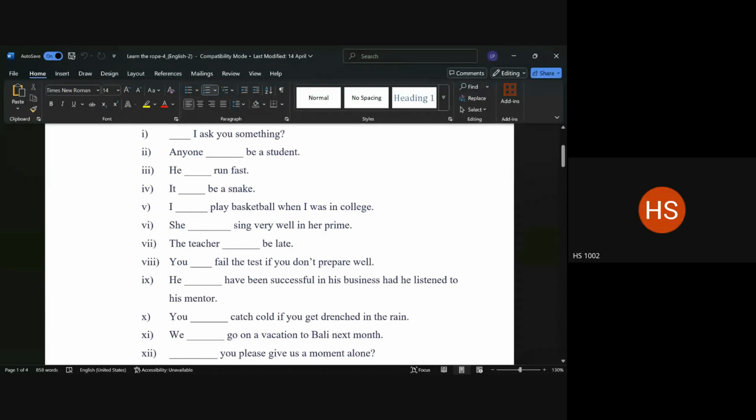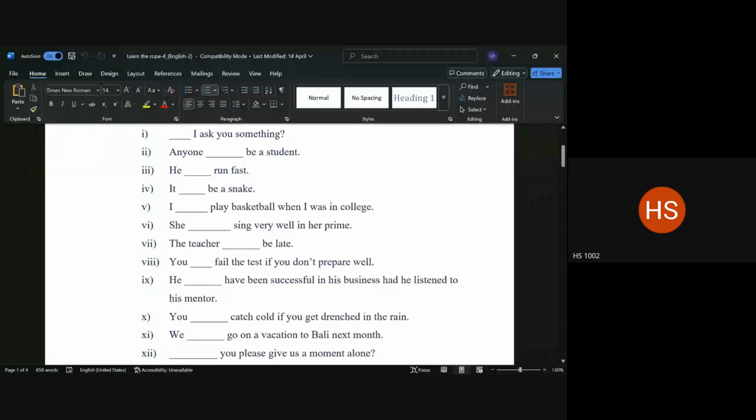But then the point is, what is the meaning that will conveys here? Is it a modality or is it a time reference? That's the question. It's representing a prediction, I think. It's a prediction mostly, like the teacher will be late. If it is showing prediction, then it's a time reference, not a modal verb.